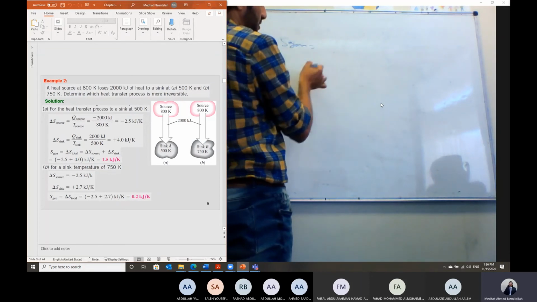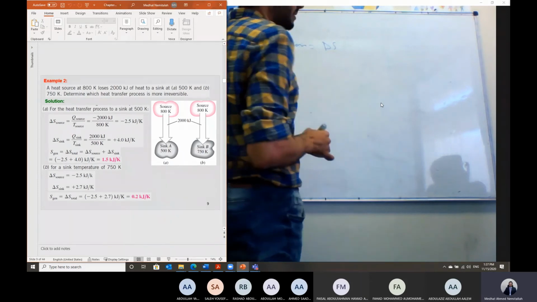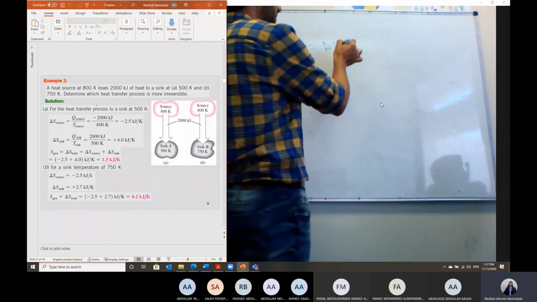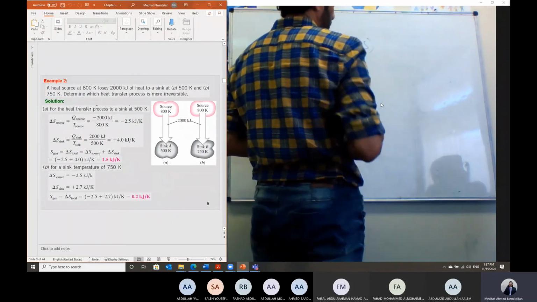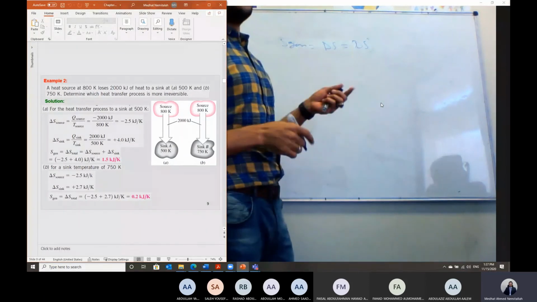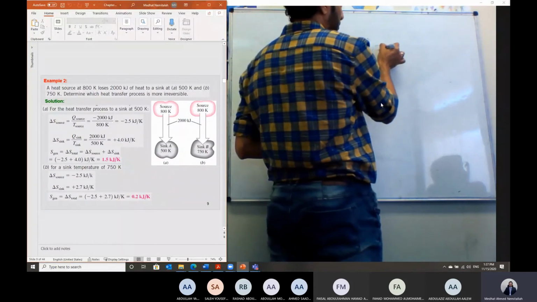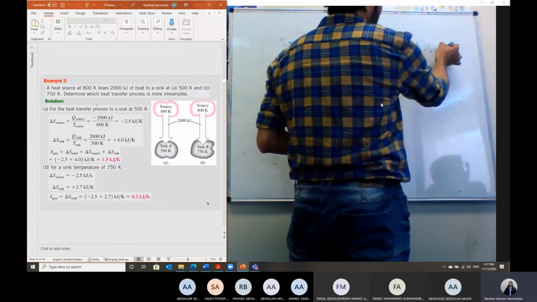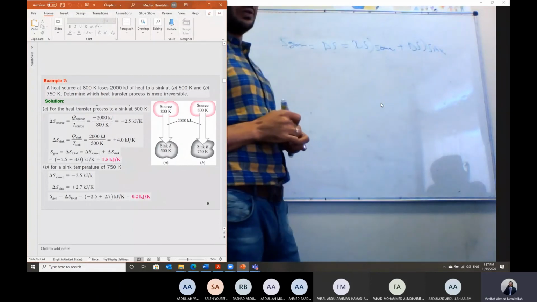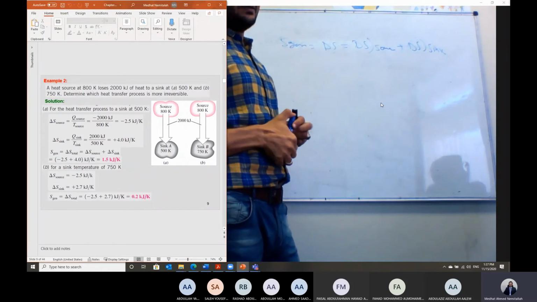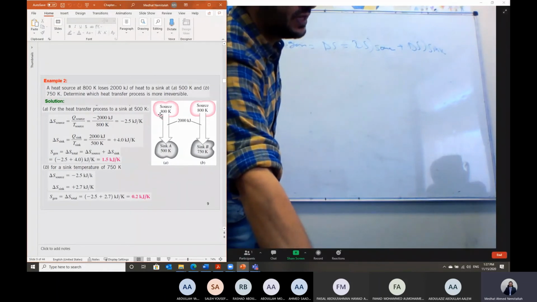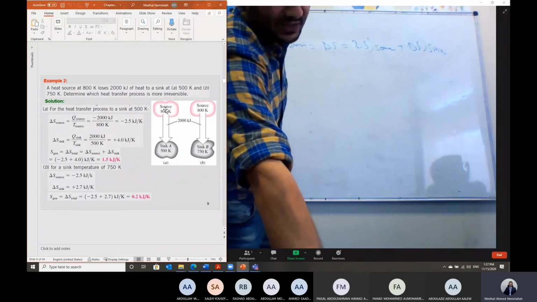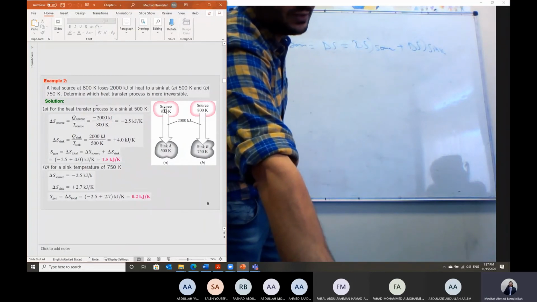The entropy generation for an adiabatic system is equal to delta S, and delta S is equal to delta S of the system plus the surroundings. In this case, we have delta S for the source of heat plus delta S for the sink of heat, to which the heat will be transferred. Heat here is rejected from the high temperature source at a fixed temperature, so the heat is constant in this case.